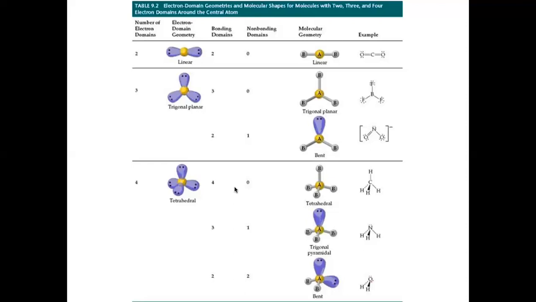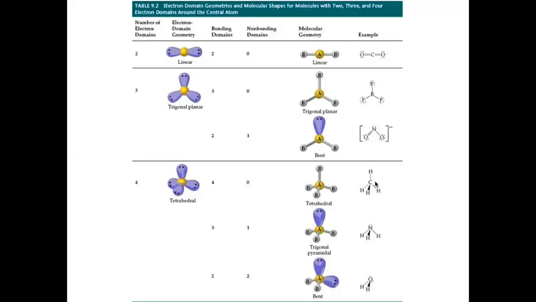Next, we're going to have our tetrahedral arrangement. This has 4 electron domains, represented in this domain diagram, and we have 3 different types of molecular geometries that can be underneath this tetrahedral domain. When we have 4 bonding domains and 0 non-bonding, we have what's called a tetrahedral arrangement.